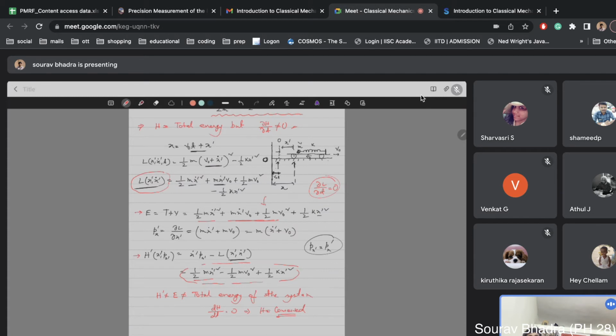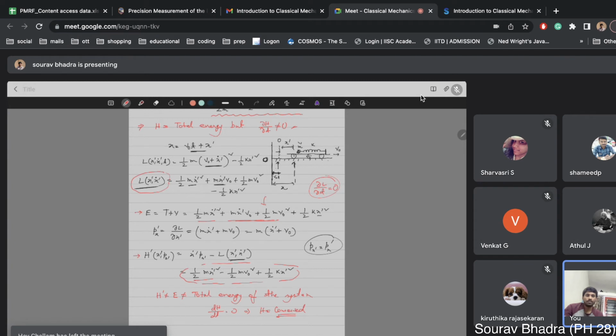So this is the main thing: the Hamiltonian actually depends on the choice of the generalized coordinate system. It may happen that H is conserved for one set of coordinates but not conserved for another set of generalized coordinates for the same problem.